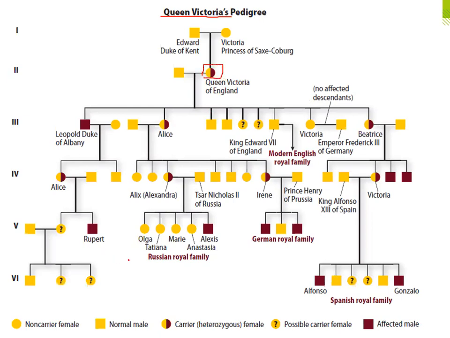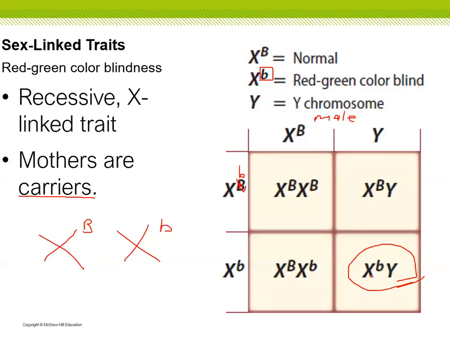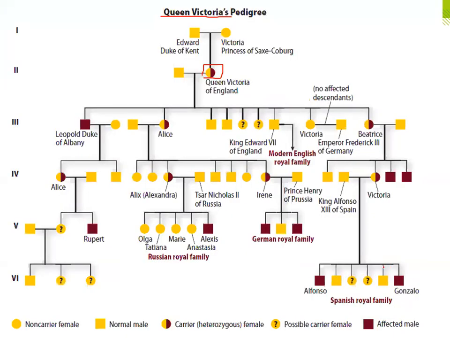But if we're looking at who is actually affected here, it is only males, because they are getting that 50-50 shot as offspring of a carrier. The second we have a carrier involved, it is a 50-50 shot whether that man is going to have that disorder or not.